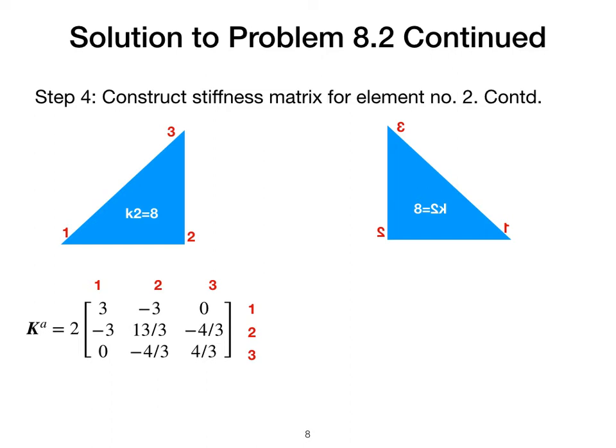So if we reflect the first element with respect to a vertical line, then if we don't change the local numbering, that is, if we leave the local numbering the same as earlier, that means the numbering in the second element, the reflected element, is also reflected, then the stiffness matrix for the second element would be given by Kb equal to 2 times the stiffness matrix for element number 1.